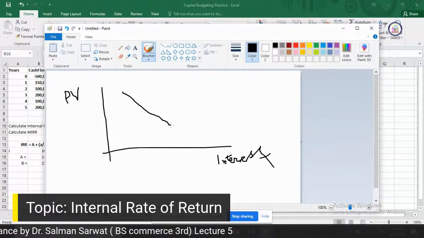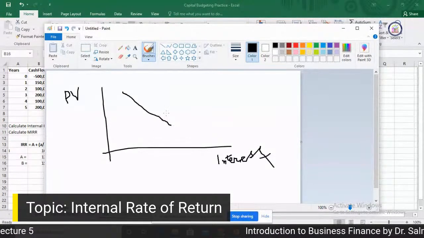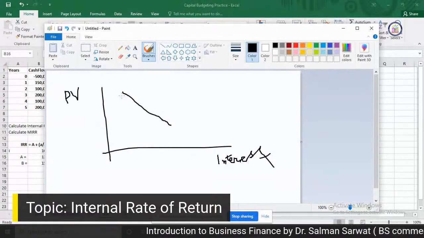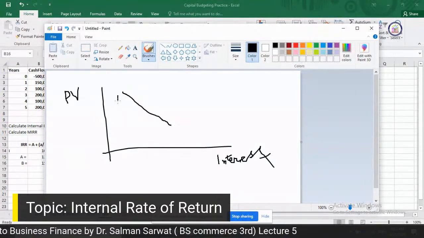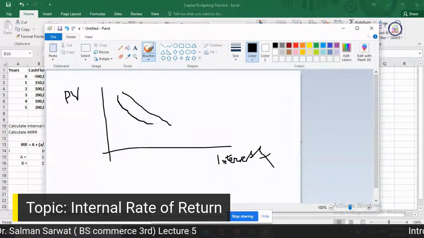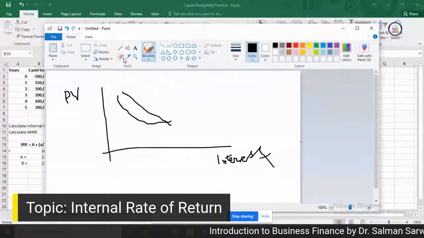But that inverse relationship is not linear, it is non-linear. It means that we will not get a straight line, rather we will get a curve, a curve like this.